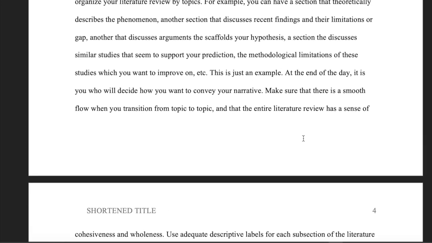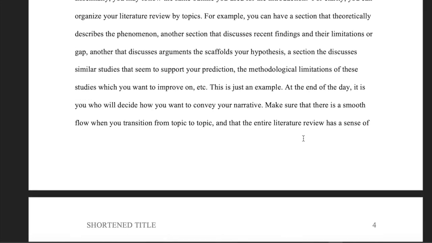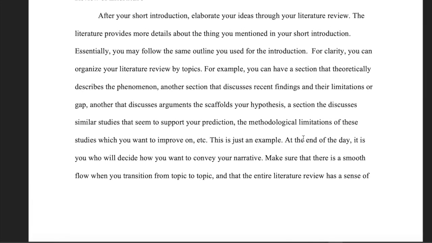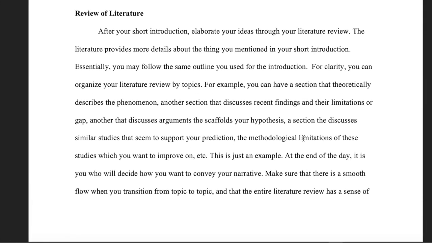I think one typical mistake students make is that when they partition their literature review in topics, they tend to make their topic sections per variable. Like they discuss one variable as one topic, another variable as another topic, and when you do that, you lose the narrative.